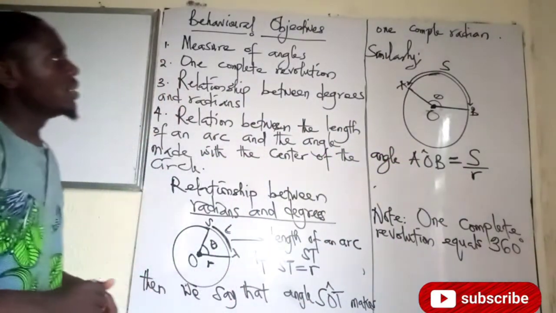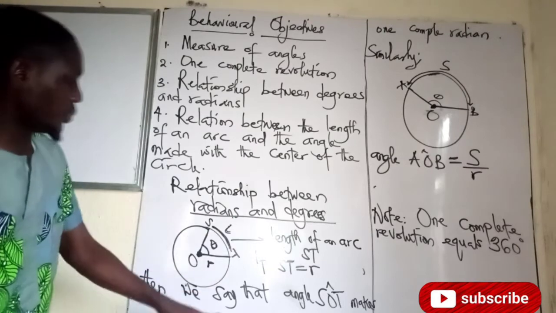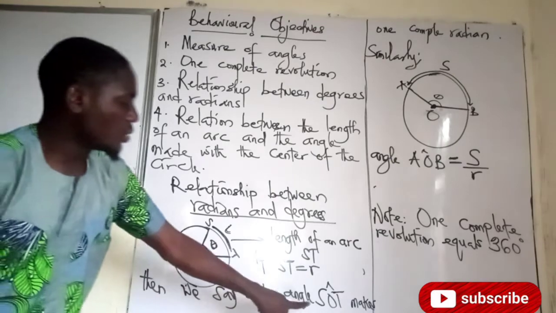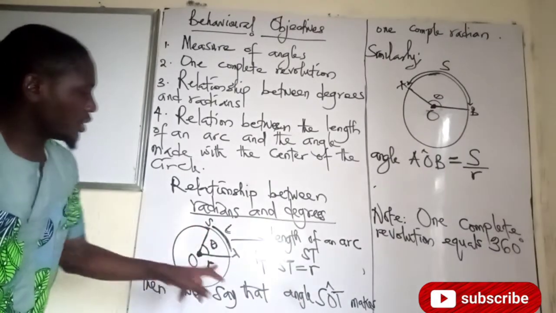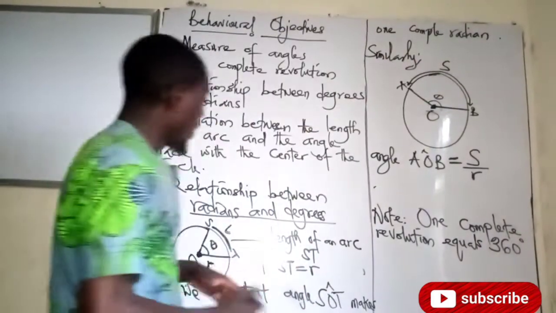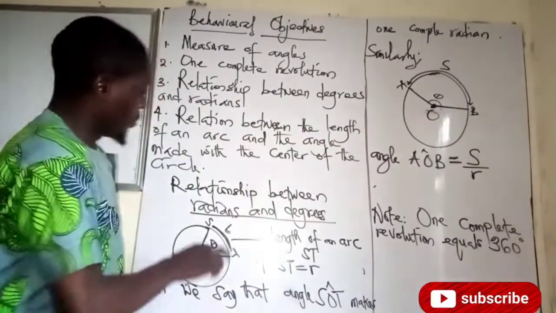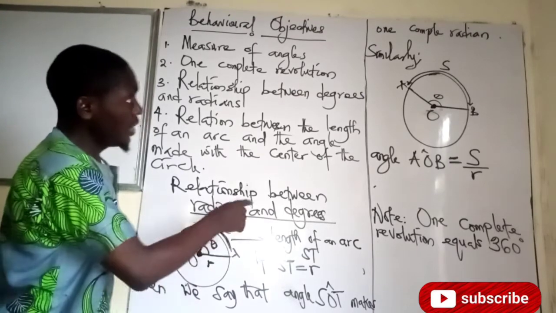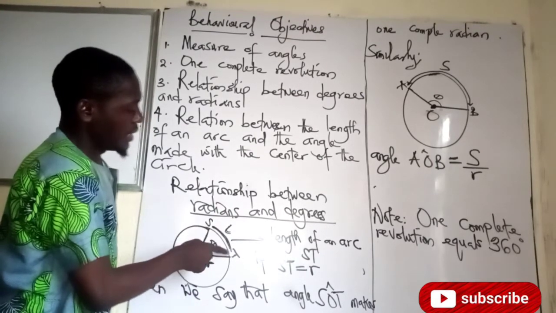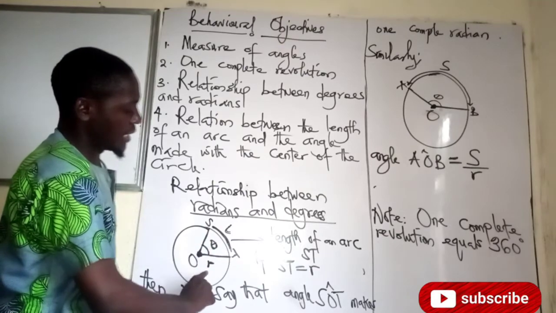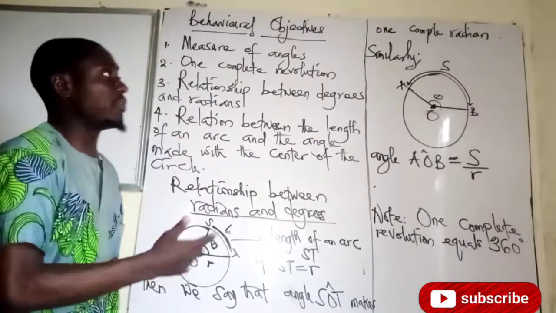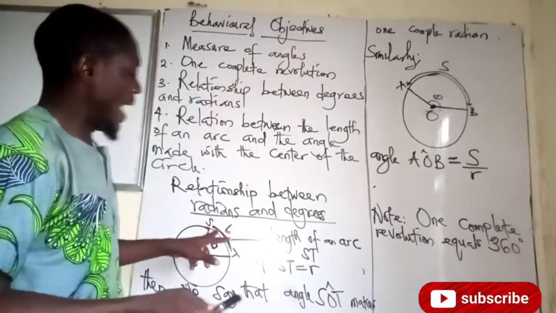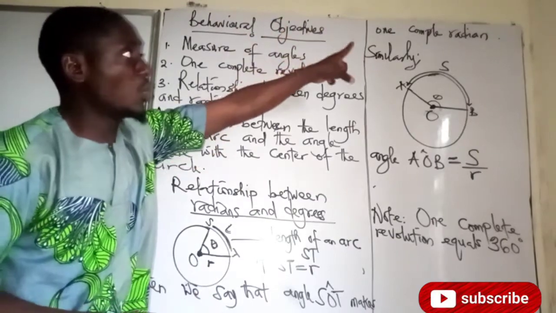And of course, if we look into the one we did, that we said angle SOT makes one complete radian, using this formula, L over R, if the length L equals the length R, L over R will definitely be 1, and that is what makes us say one complete radian.